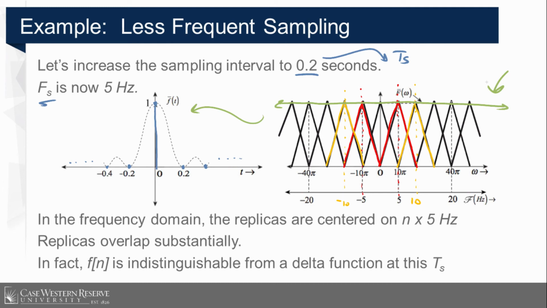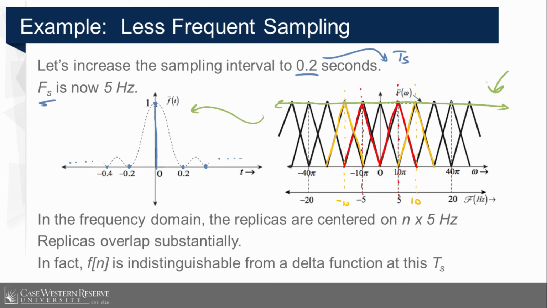And this is just a result of picking a sampling interval that was much too long for our sinc squared. All right, so this is kind of an extreme case of the consequences of aliasing, that if we pick a sampling interval that exactly misrepresents our signal, we can end up not being able to tell what the form of our signal was at all. We see no spectral information in this constant in the frequency domain.